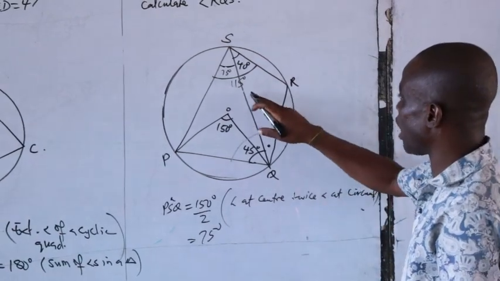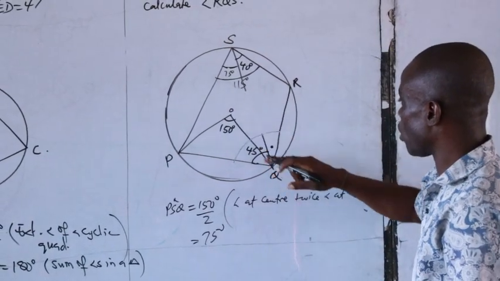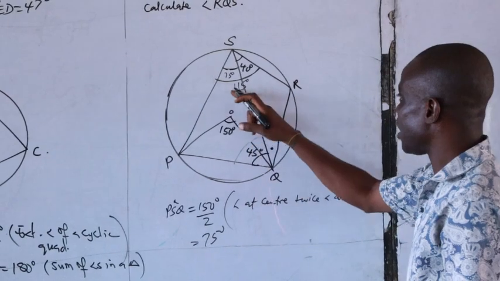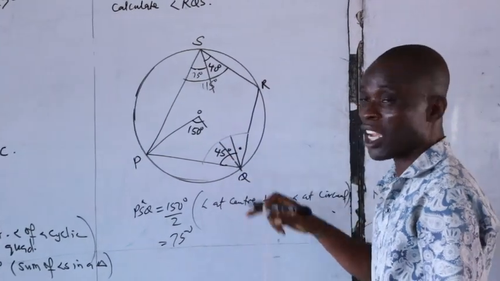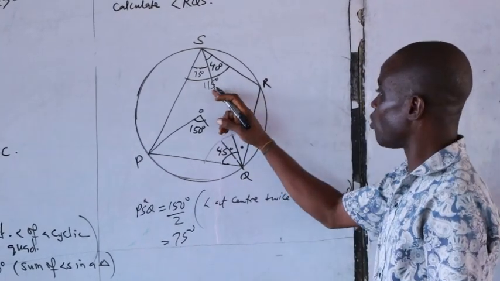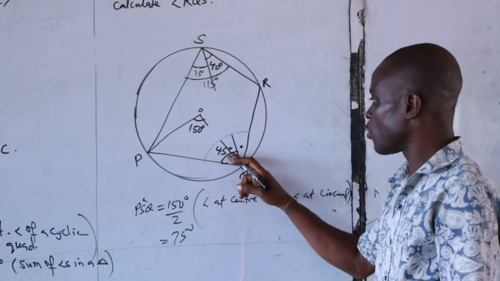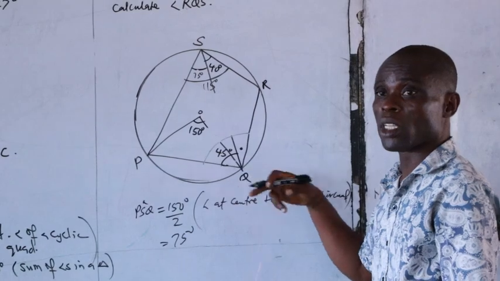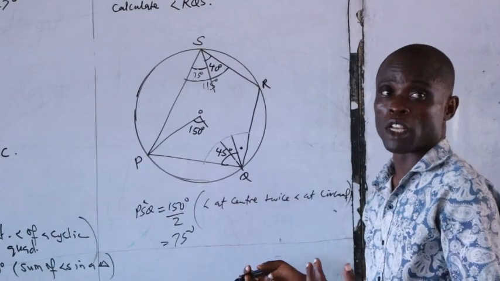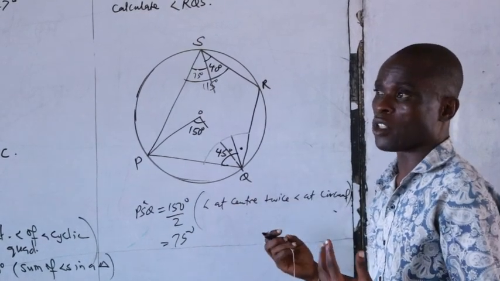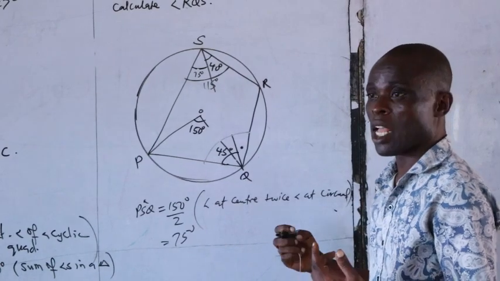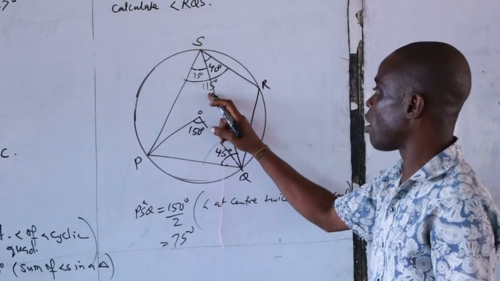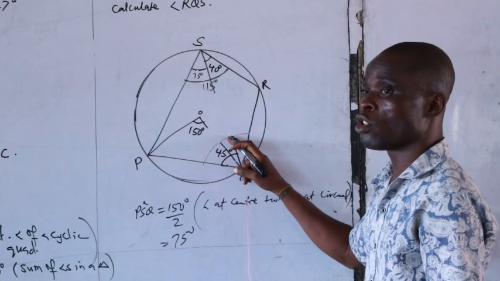Let me clean this line for you to see what I'm talking about. Look at this. This angle 115 is opposite this angle. Addition of these two angles, forget about this 45 that we have here, is 180. From the previous theorem, we stated that opposite angles of a cyclic quadrilateral are supplementary.